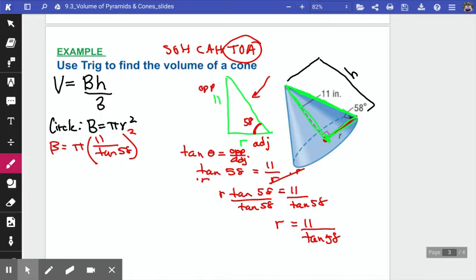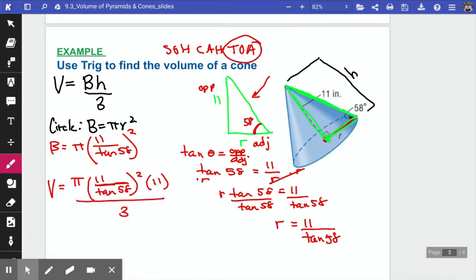Okay. So I end up with the volume of the cone is pi times 11 tangent of 58, or not times, I'm sorry, divided by, squared, times the height, which is also 11, and that is all divided by 3.